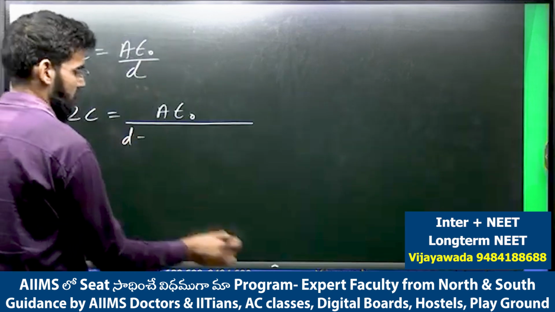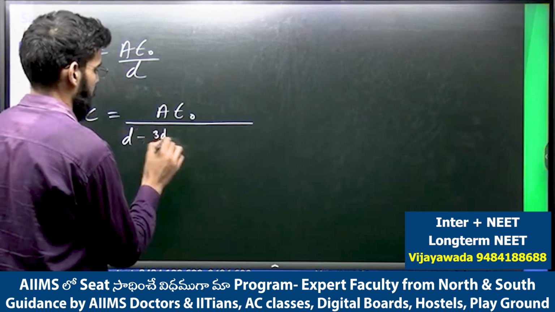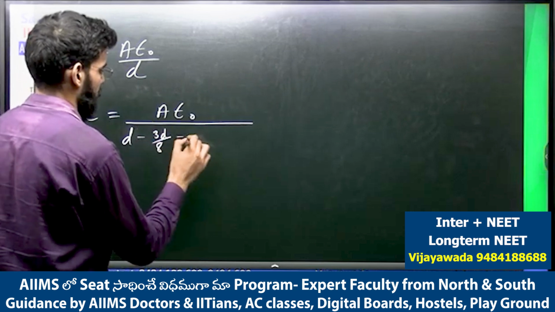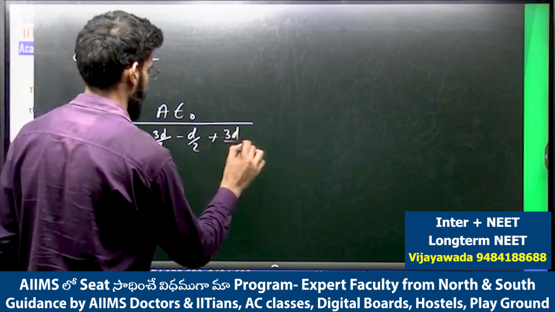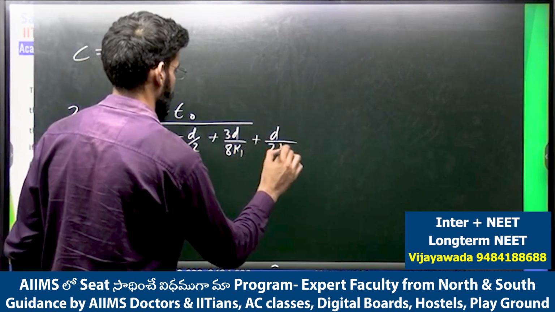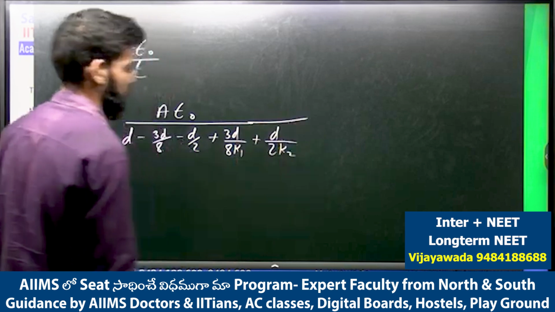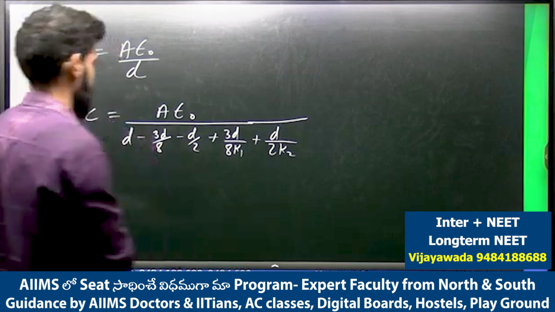D minus 3D by 8, and minus D by 2 also. So plus 3D by 8 K1 and plus D by 2 K2. Like this you do, right? Okay. This is the new capacitance, right?